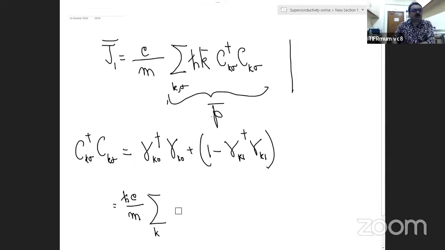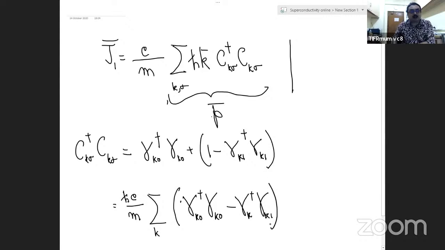Let me straight away write the expression and see if you all agree with me. Is this correct? Is this expression correct?